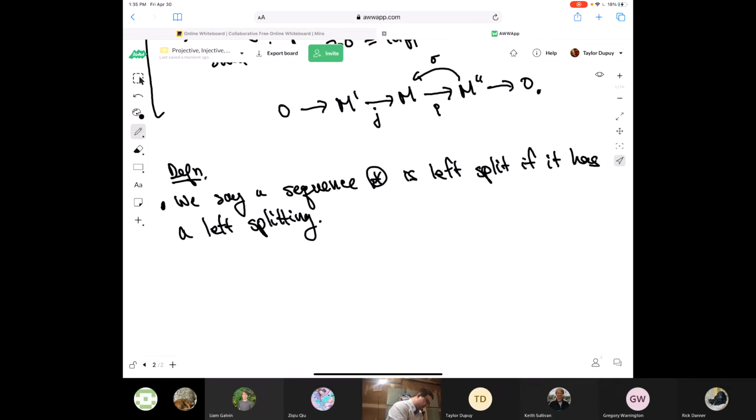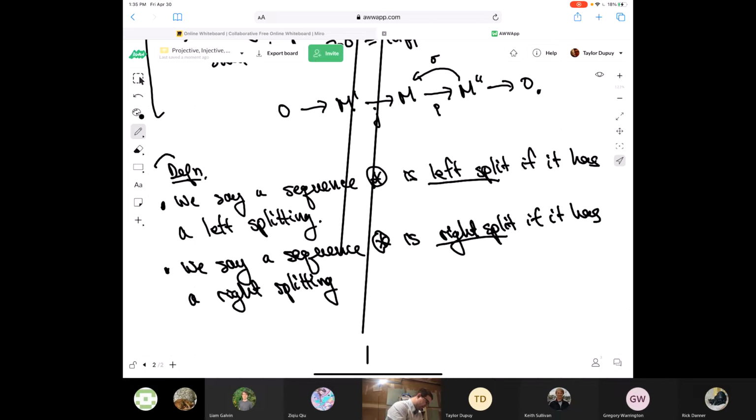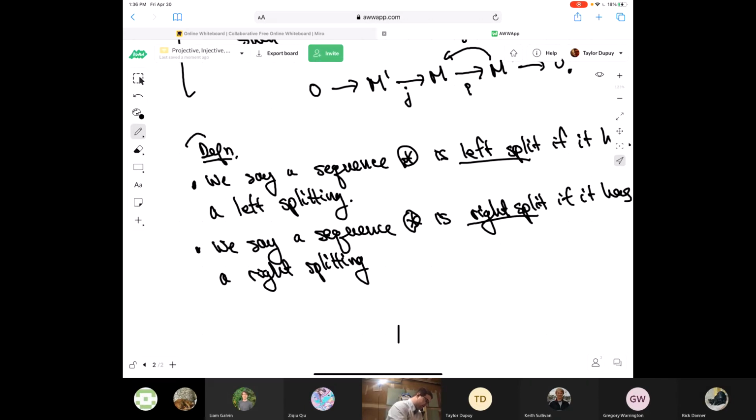Similarly, we say a sequence star here is right split if it has a right splitting. So we're saying that there exists. So the difference is the quantifiers, right? So a left splitting is a choice. So you fix a choice, and this is just saying that one such thing exists.